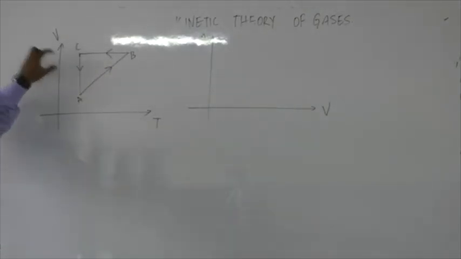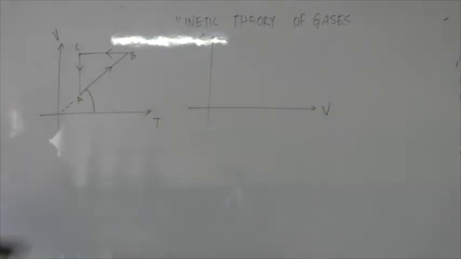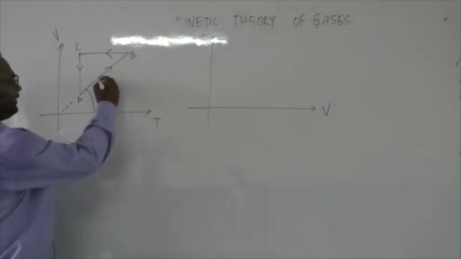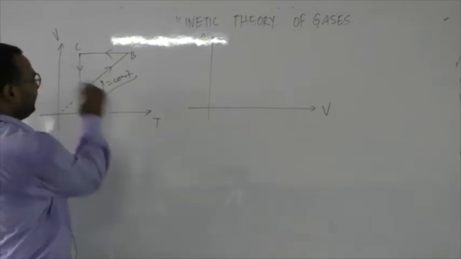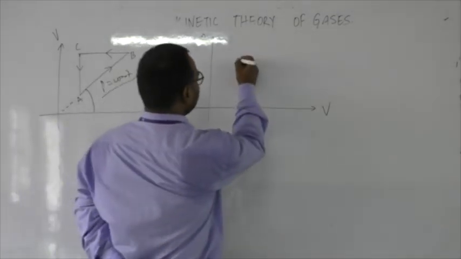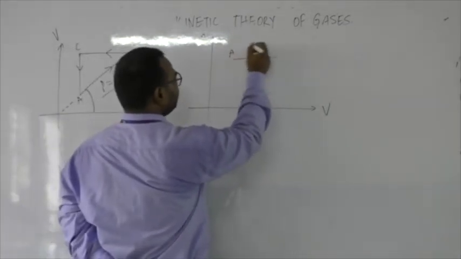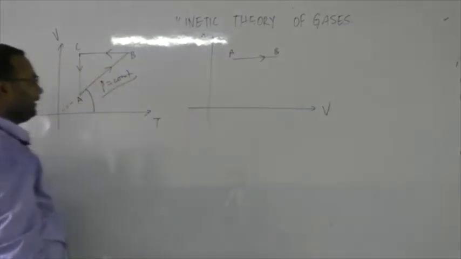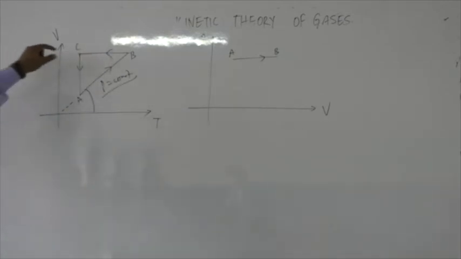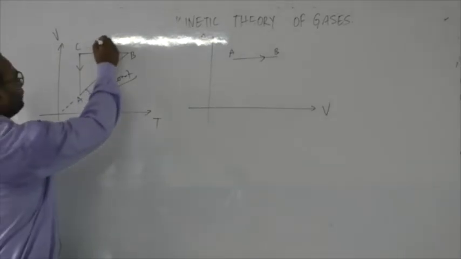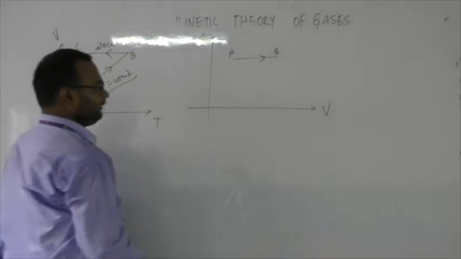See here, the V and T graph is a straight line, right? So from A to B process, a straight line means pressure is constant from A to B, because the VT graph is a straight line. Volume is increasing, so from A to B we have found this graph. From B to C, isochoric, same volume.